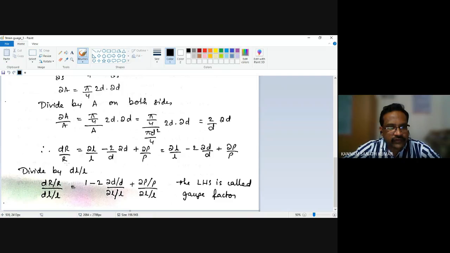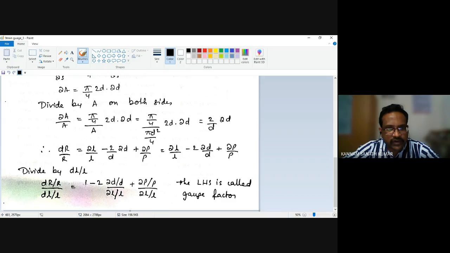Now what you should do? You got dR by R. What is gauge factor? Rate of change of the resistance to the rate of change of the length, dR by R by dL by L. So divide the above equation by dL by L. Dou L by L gets cancelled.